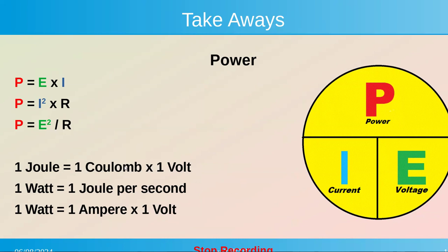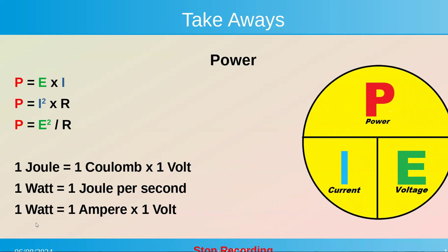And a joule of energy is 1 coulomb times 1 volt. And a watt is 1 joule of energy per second that's being consumed. And therefore a watt is equal to 1 ampere times 1 volt.